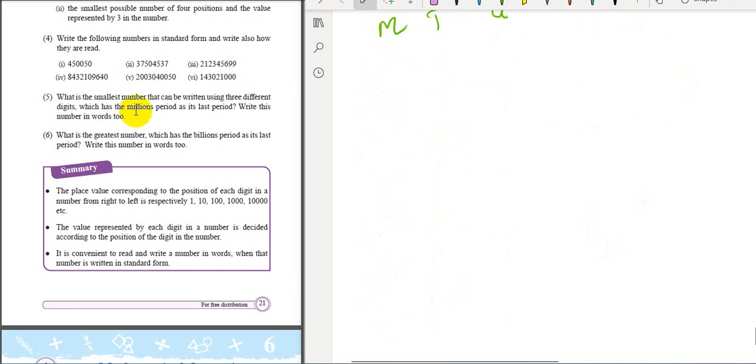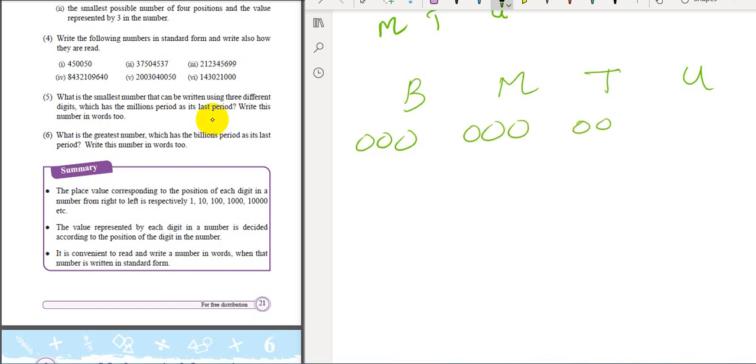Then what is the smallest number that can be written using 3 different digits which has the millions period as its last period? Write this number in words too. Millions period as its last period. What is the smallest number? What is the greatest number which has the billions period as its last period? Write the number on the line. Units, thousands, millions, billions. 0 0 0 0 0.